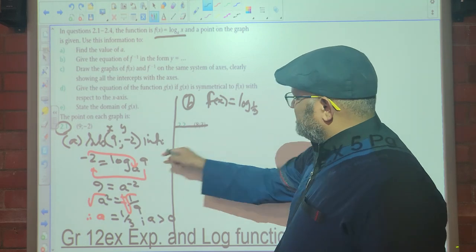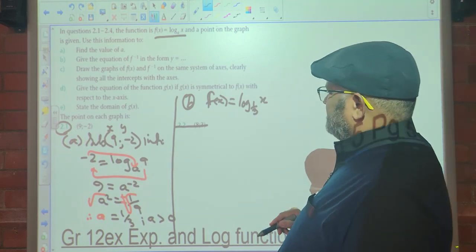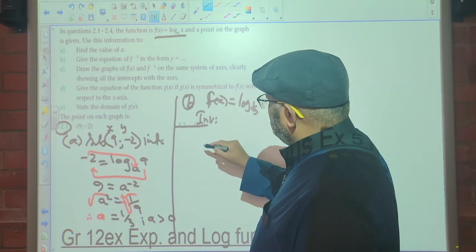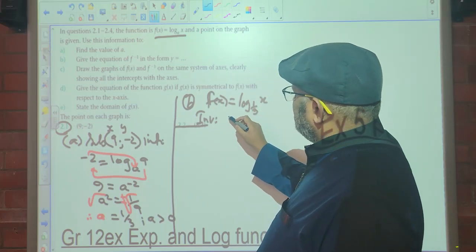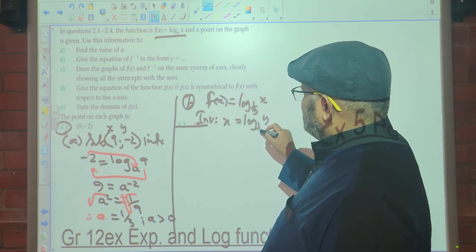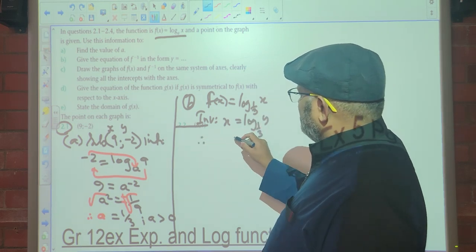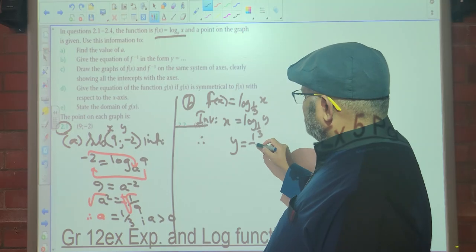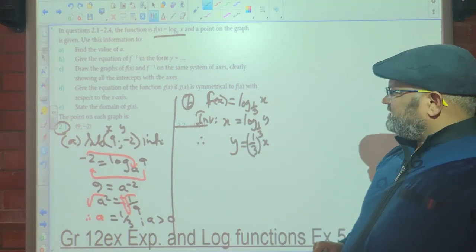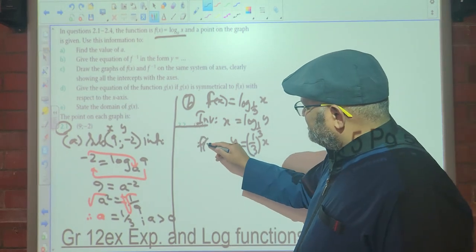I'm looking here. Log x base a third. Okay. So what do I do for the inverse function? We interchange x and y. So x is equal to log y base a third. So therefore y is equal to a third to the x. Okay? And that is the inverse function.